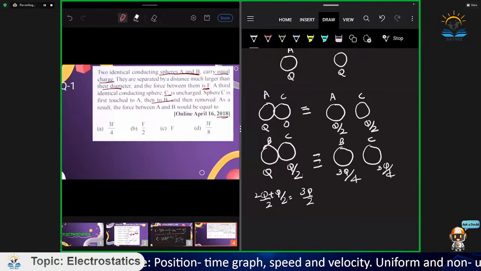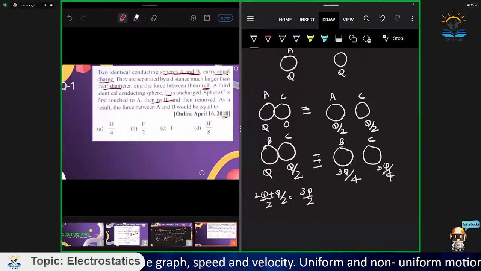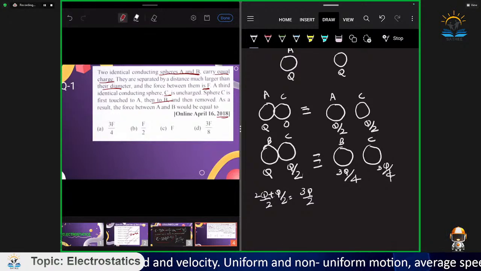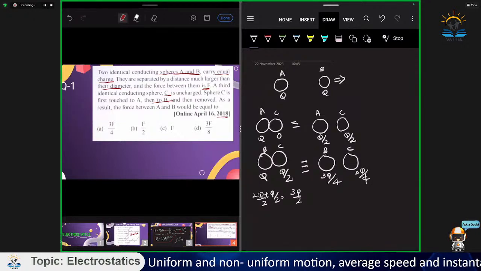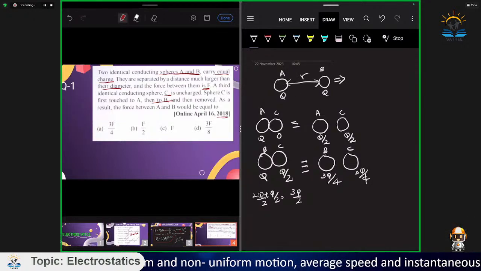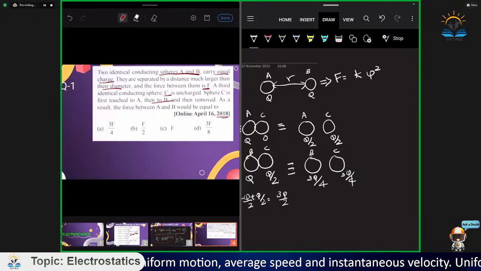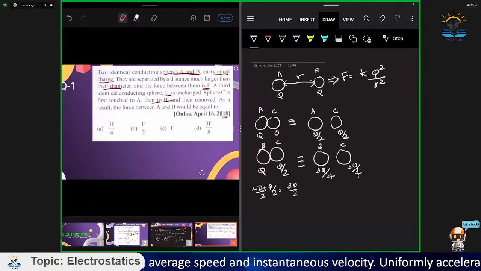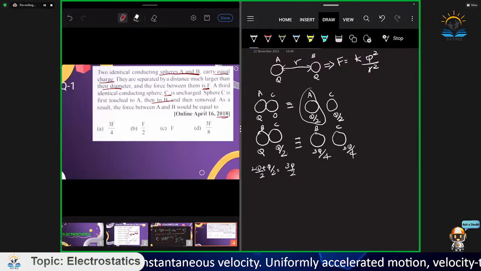What's the question? The force between A and B is F. That means if they are separated by distance R, F is equal to K Q square divided by R square. In the final condition, A's charge is Q by 2 and B's charge is 3Q by 4.